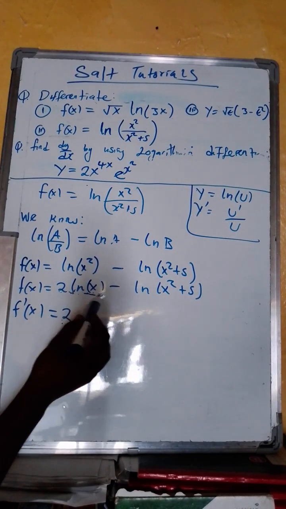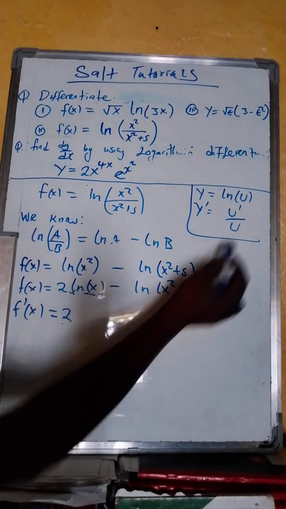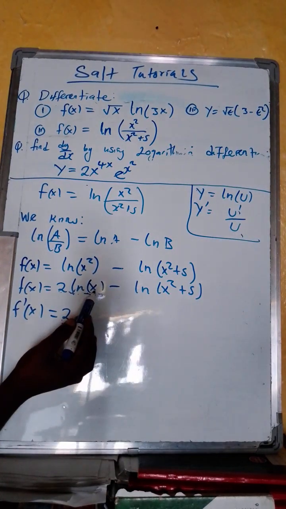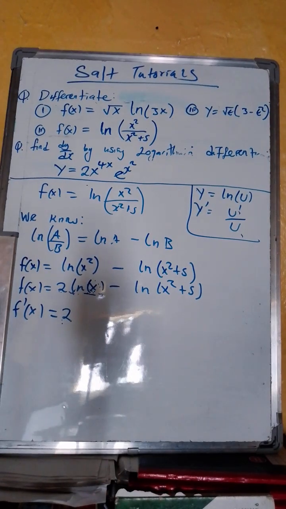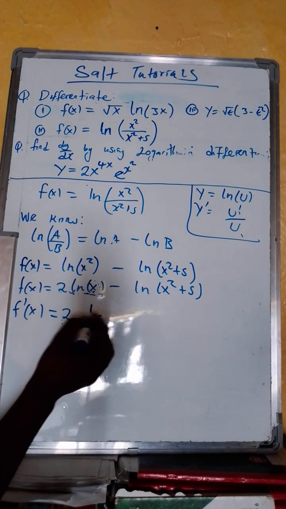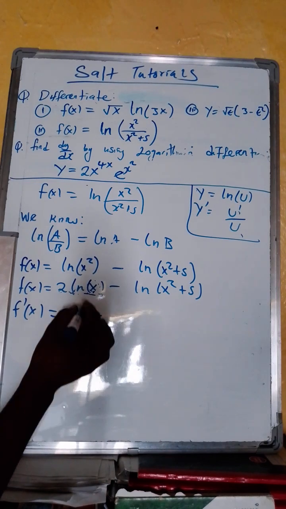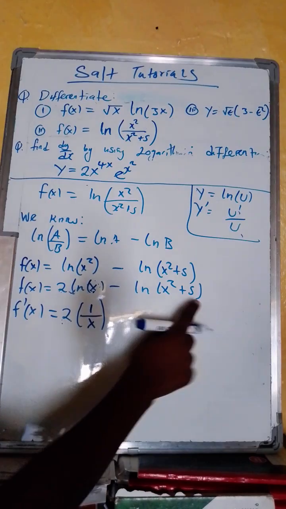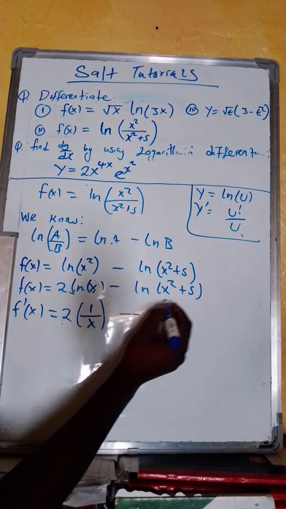So the function of x, how do you differentiate natural log? You differentiate the inside over the inside itself. So the inside is x. Differentiating x, what do you have? The derivative of x is basically 1 over the x itself. So this is what I'm going to have with the first term. The second term will be a minus.